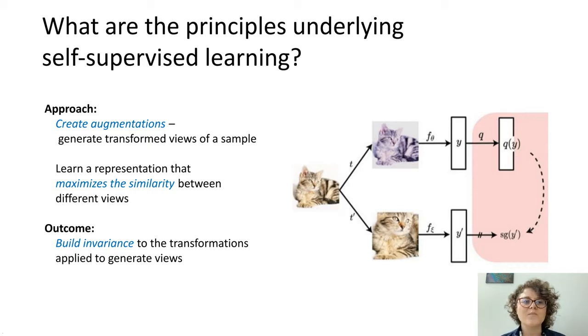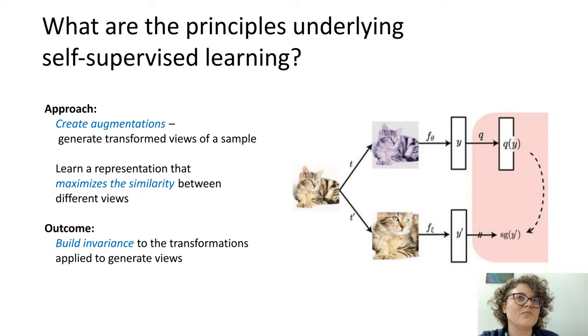So I'll start by describing what self-supervised learning is and what the principles underlying it are, and then describe how we can apply these same general ideas within neuroscience. So first, what are the principles underlying self-supervised learning?